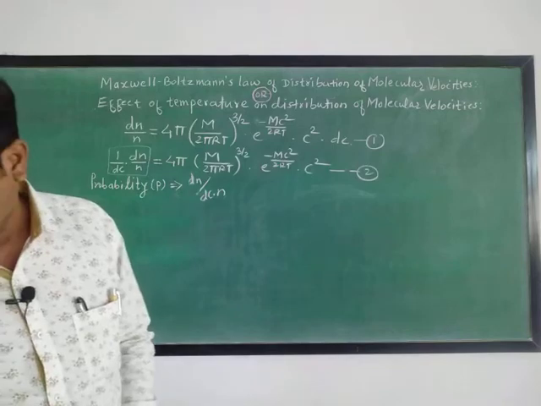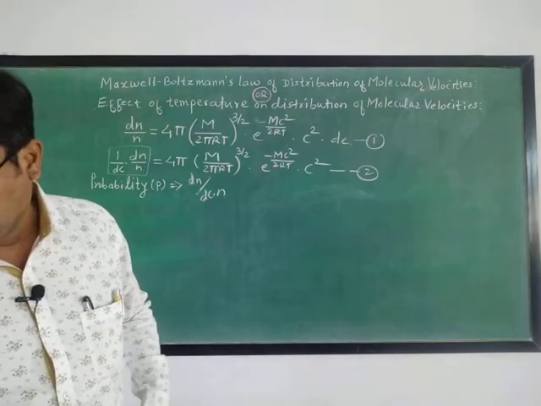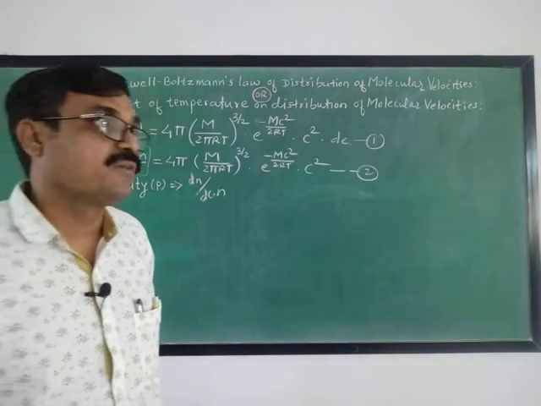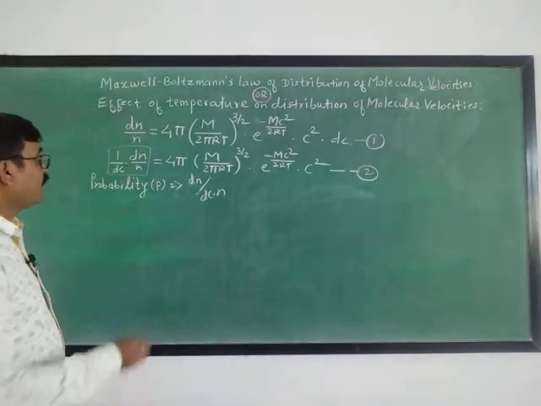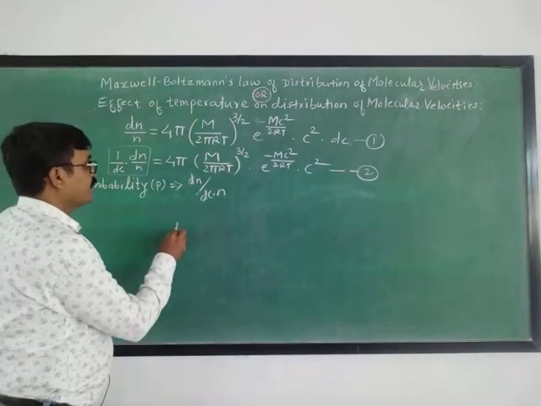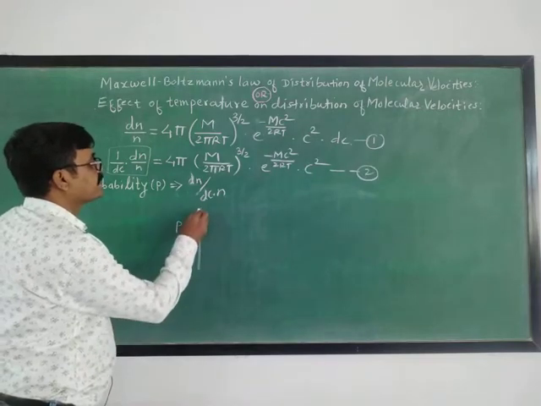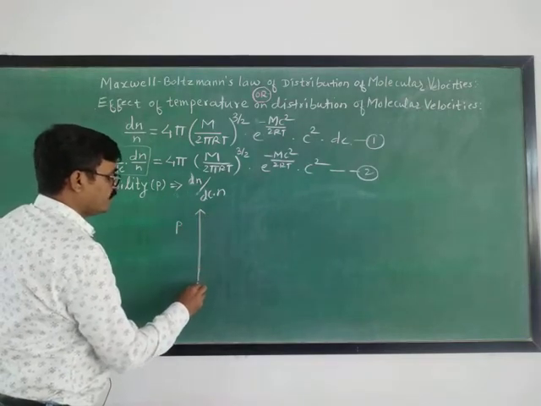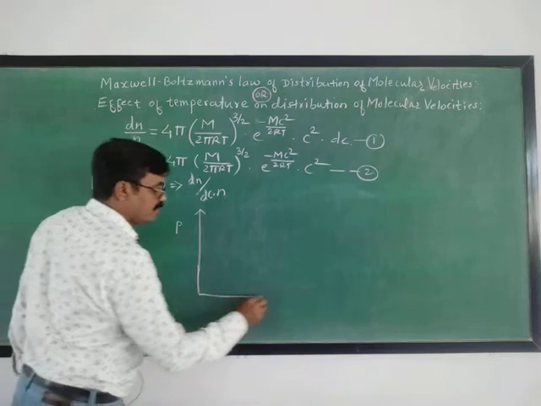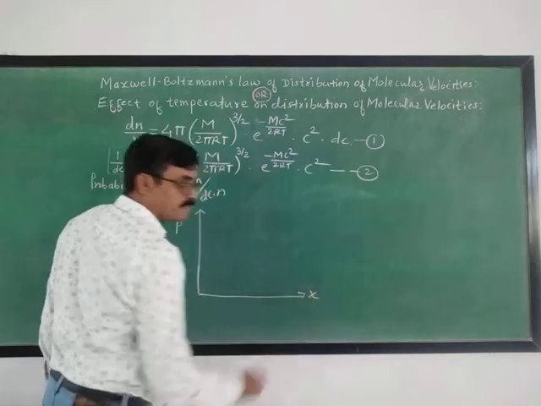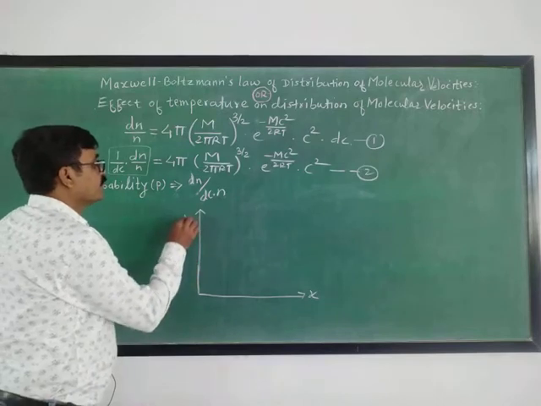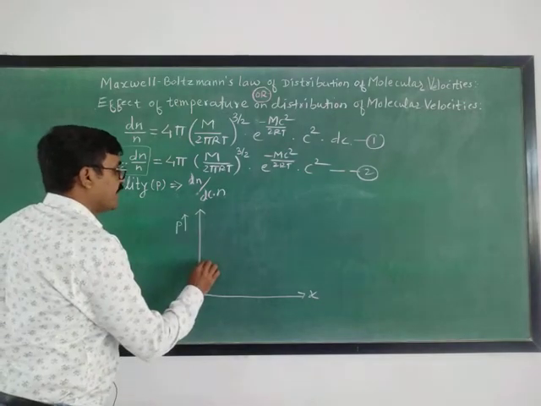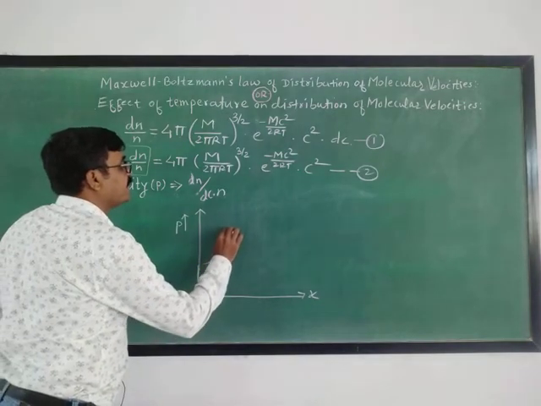Now in order to study the distribution of molecular velocities, if we plot a graph of probability versus velocity on the x-axis, then it will be observed that the curve is obtained in this way.